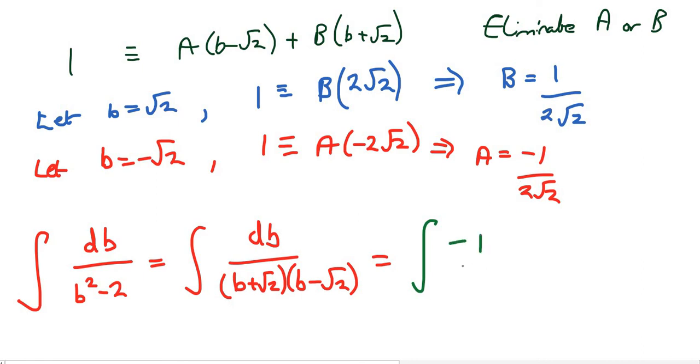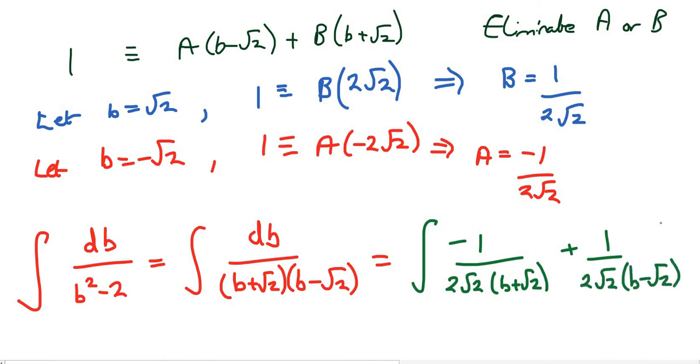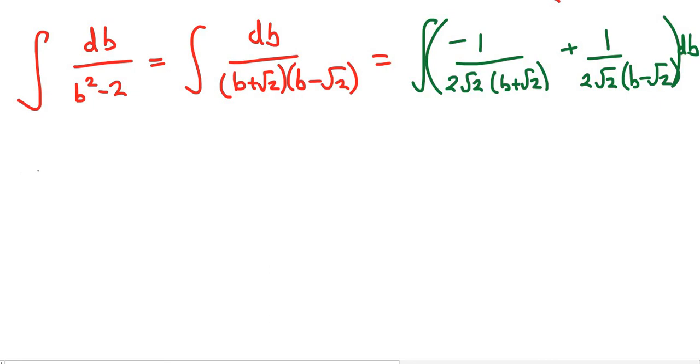So it's minus 1 over 2 root 2, b plus the square root of 2. And then B was 1 over 2 root 2, 1 over 2 root 2, b minus the square root of 2. Let's put brackets around all of that, and db. Okay, cool, we're almost there.